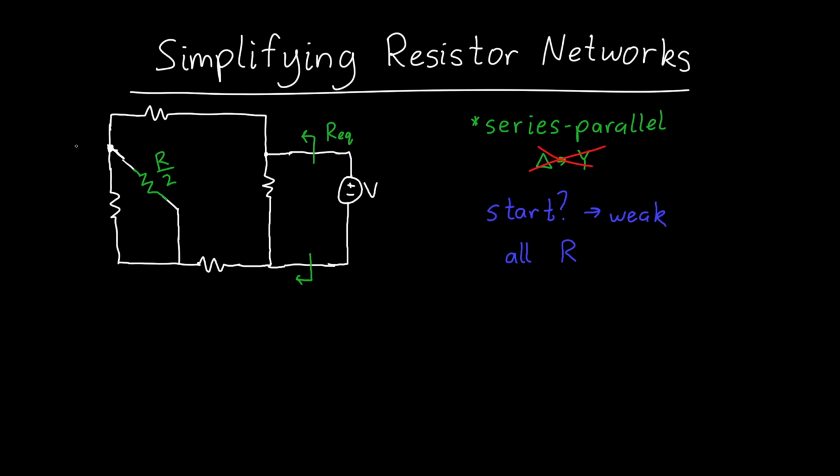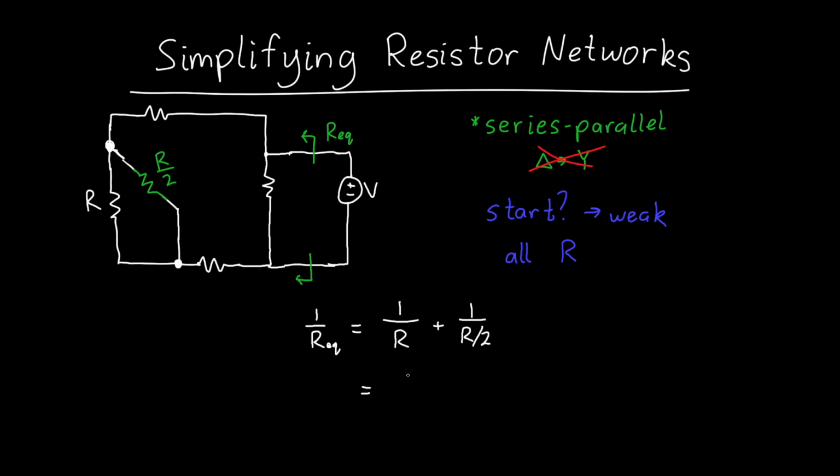Well, I see that, again, we've got a resistor right here, which is in parallel with one right here. So they're connected at this end and they're connected at this end, so they have to be in parallel with each other. And so if I want to add them, I need to add their inverses. So 1 over my new resistance is going to be 1 over R plus 1 over R over 2.